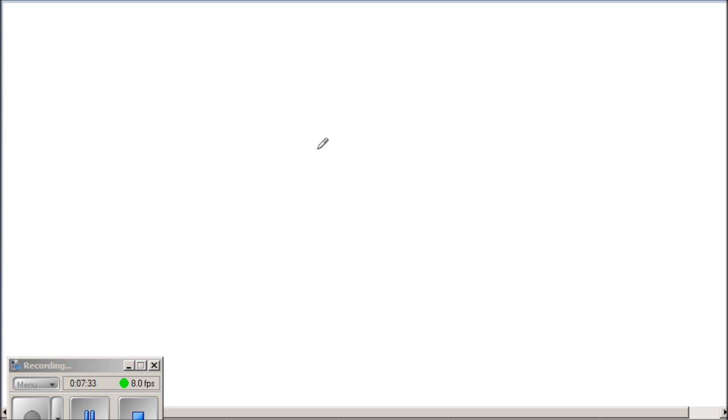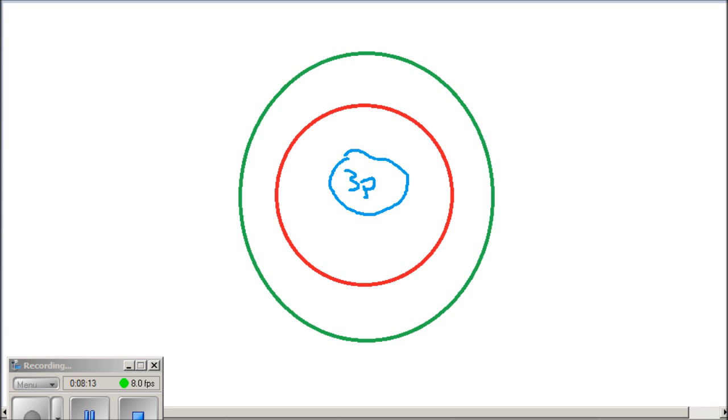So let's say I have a nucleus, and this is not to scale, of course, but I need to draw things on it. This has to be really big. So let's pretend that potato-looking thing is the nucleus. And then this would be a 2s orbital, and this would be a 1s orbital.